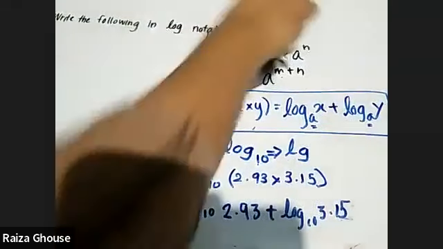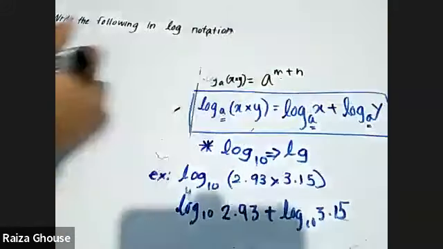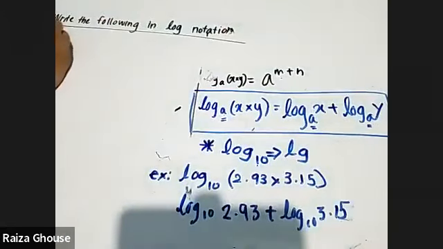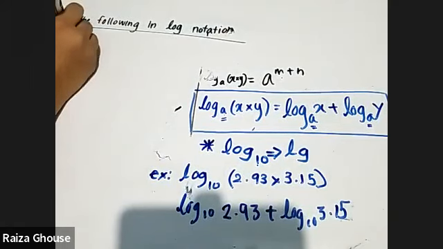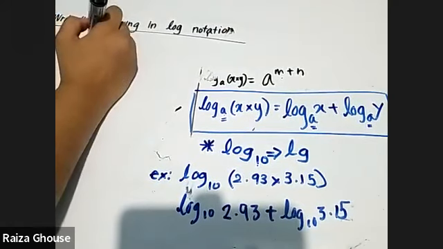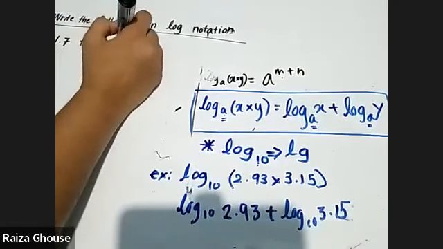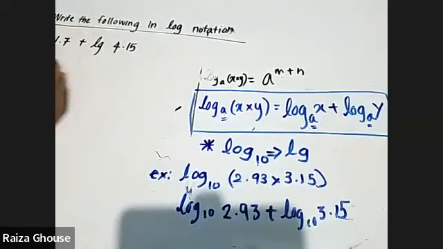Write the following in log notation. I'm giving it the other way around. I'm giving the addition, you should write the multiplication. I have given LG, so you should know what the base is.